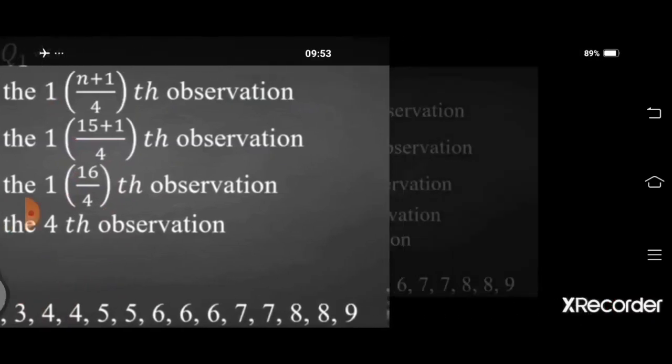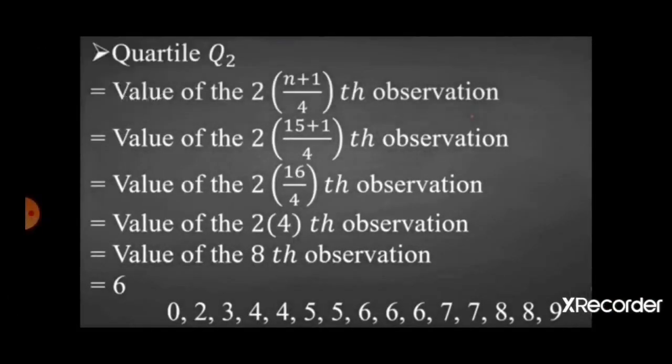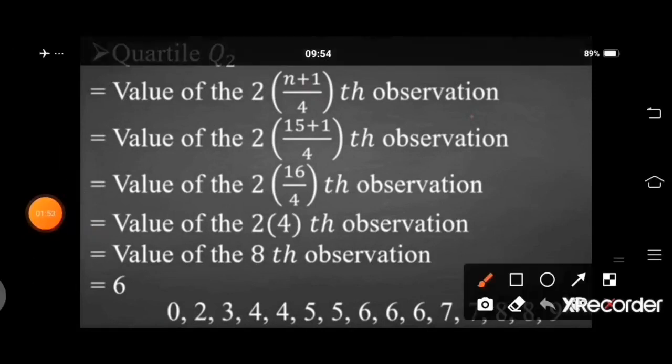Now quartile 2. The formula would be quartile 2 times n plus 1 upon 4. Same formula. Write down n equal to 15. Add it, 15 plus 1 is 16, divided by 4, we will get 4 into 2.